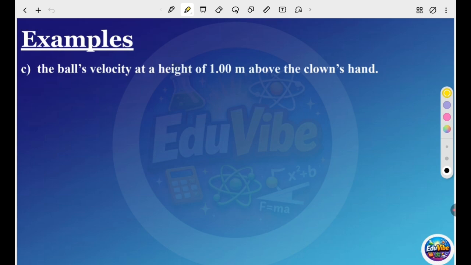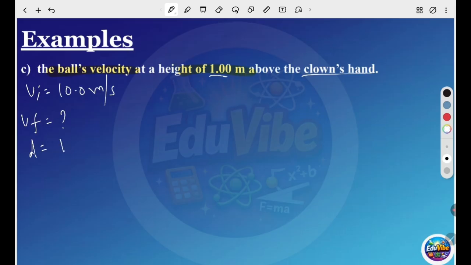This is the time it takes to reach the maximum height of 5.10 meters. Next, we actually have to find the ball's velocity at a height of 1.00 meters. It is thrown with an initial velocity of 10.0 meter per second, as we know. But how much velocity does the ball have at a height of 1.00 meters from the clown's hand? So we have to find the final velocity now.